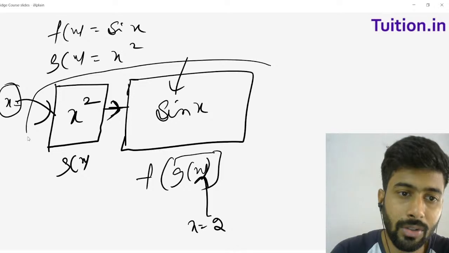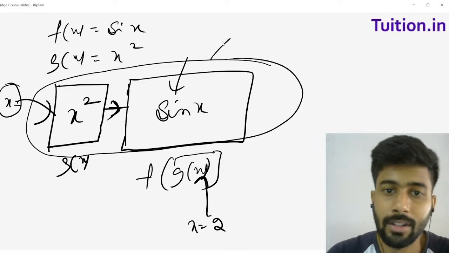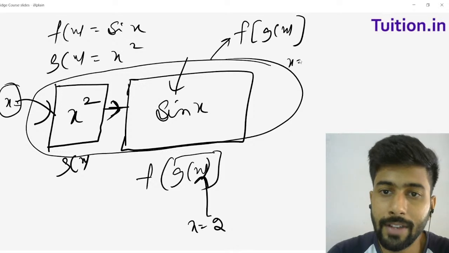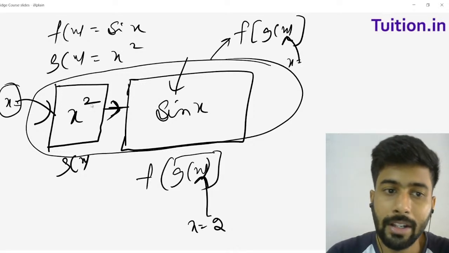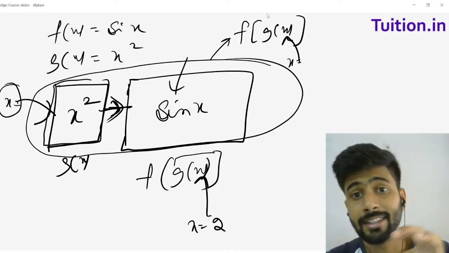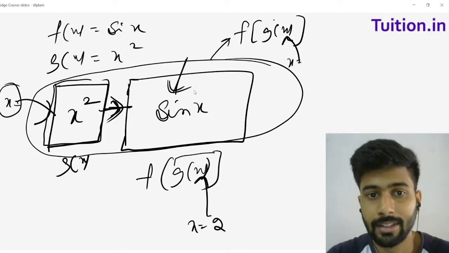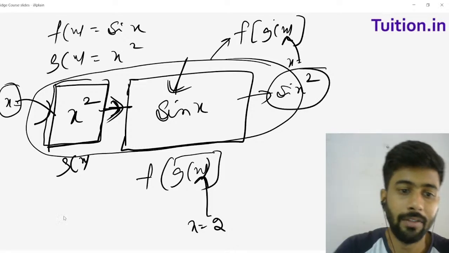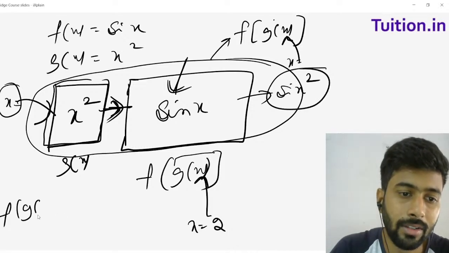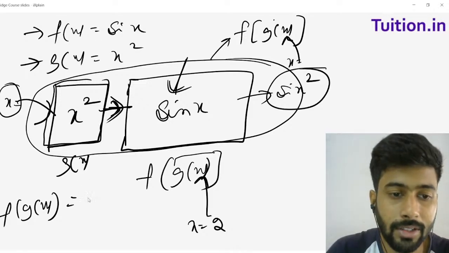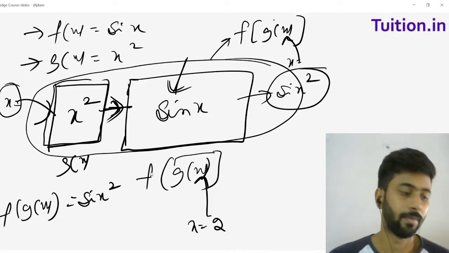This combination is known as f of g of x, where you first give x as input, but it first gets processed in g(x). Whatever g(x) releases is fed to sine x, and finally sine x square will come out. So if I write f of g of x for these two, it's going to be sine x square.